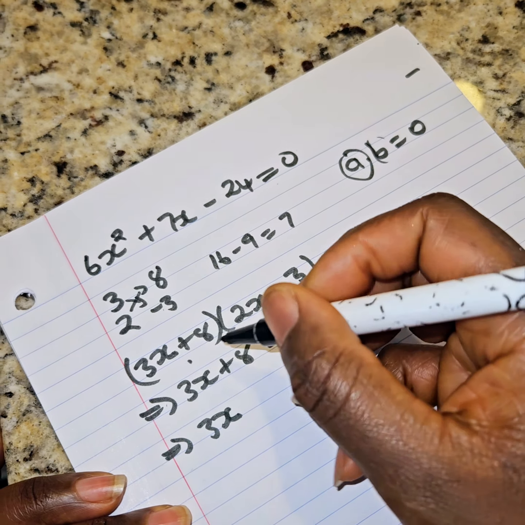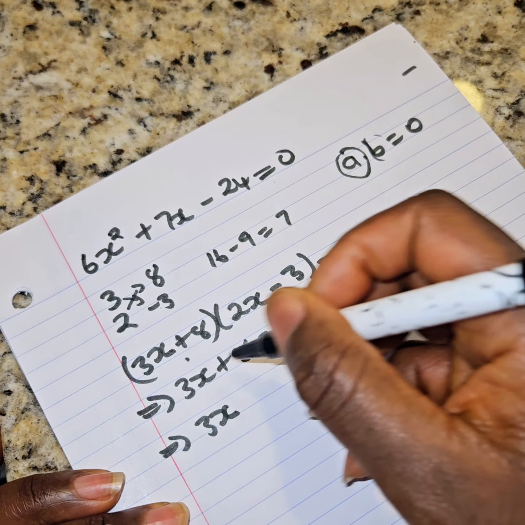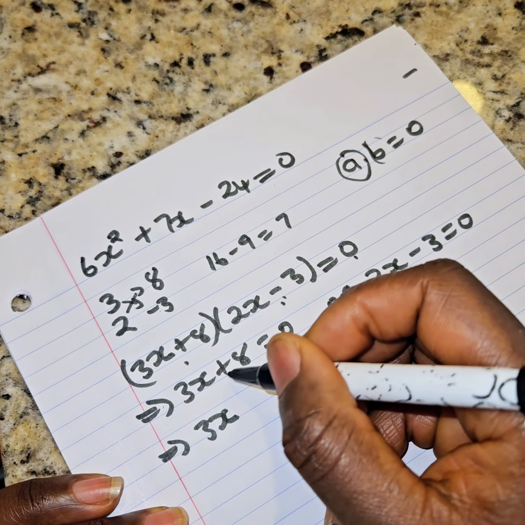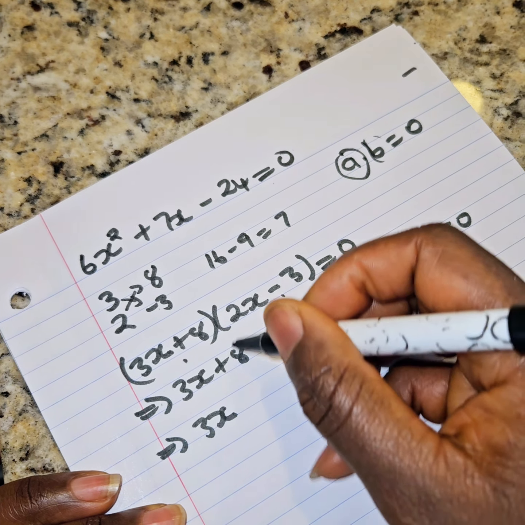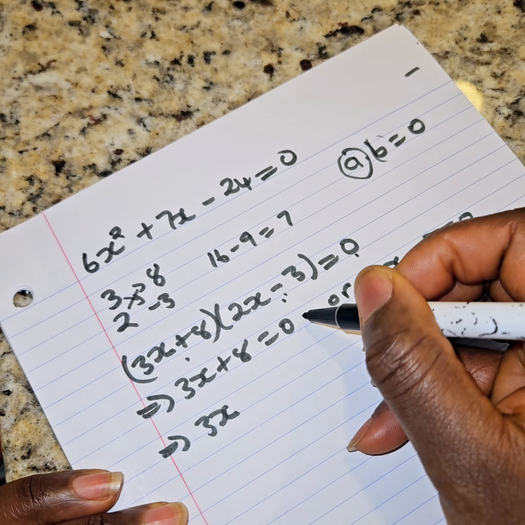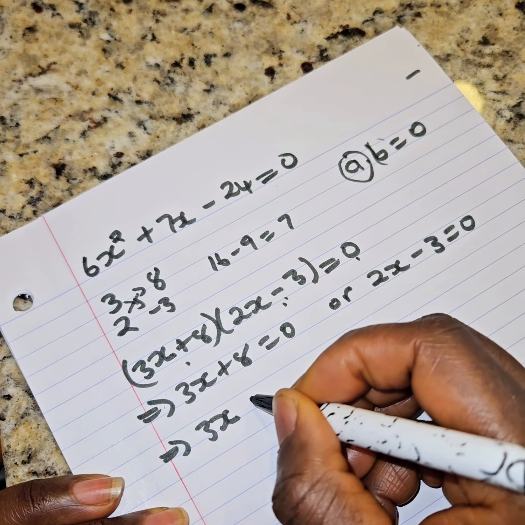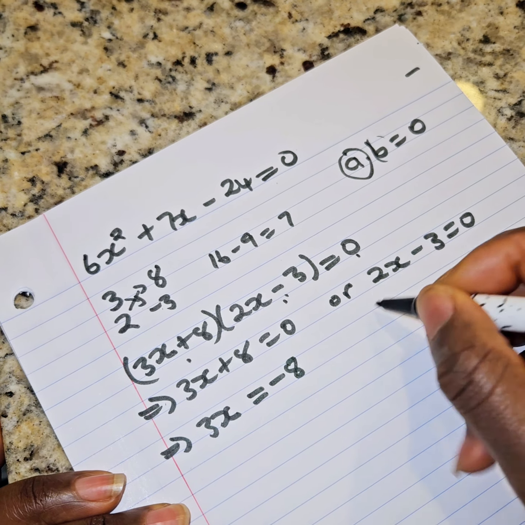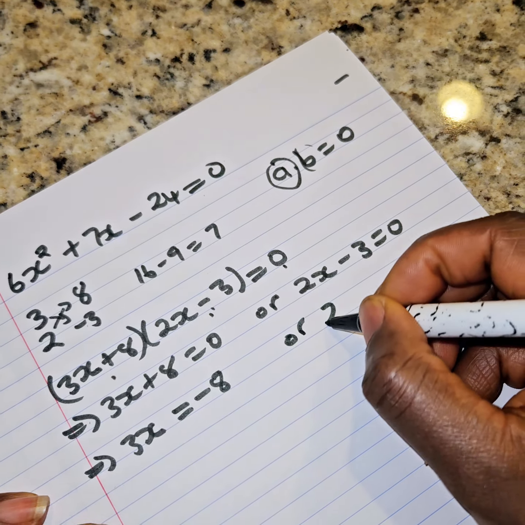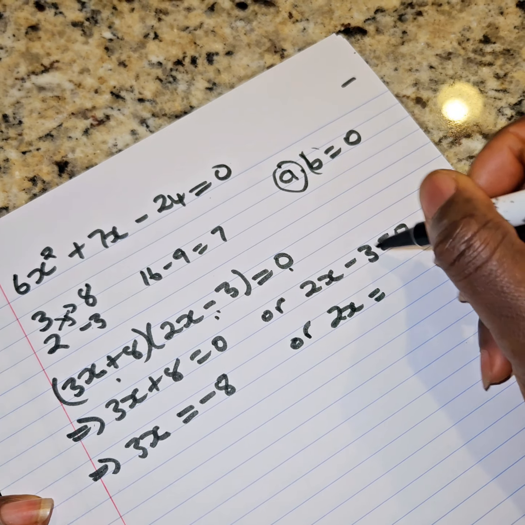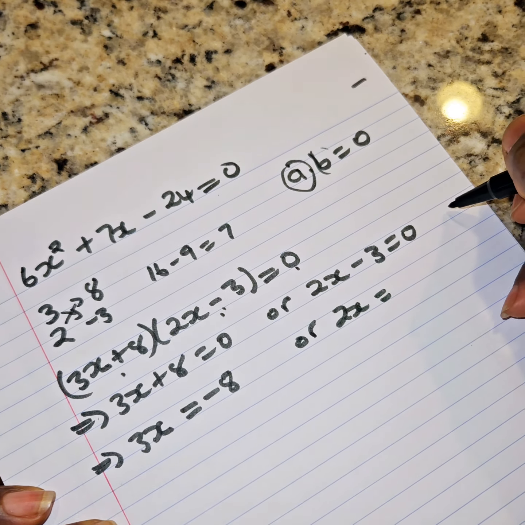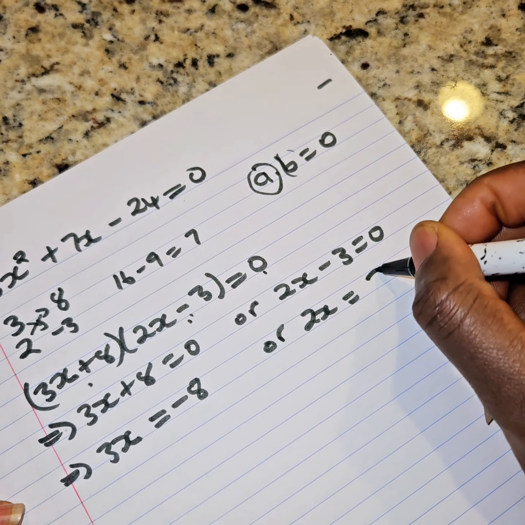Remember, I said before, if you cross an equal sign with a number, the sign changes. So if I take plus 8 and cross it to the other side, it becomes minus 8. This will be equals minus 8. Or the same thing, 2x equals, I take negative 3 and cross it to this side, it becomes 3.